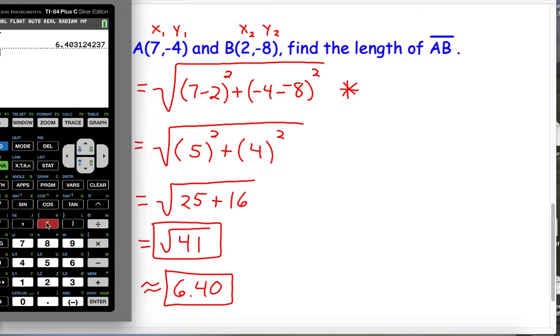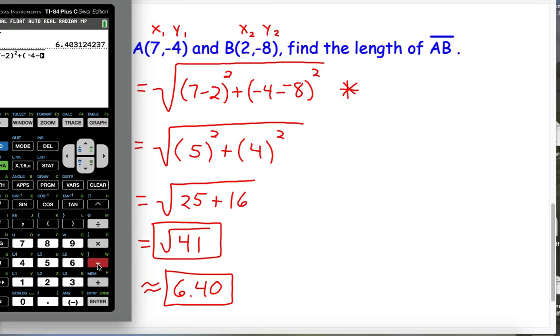So anyhow, I have a parenthesis, and I'm going to type in 7 minus 2, close that parenthesis, and hit the x squared button, plus, now another open parenthesis, negative 4, there's a different button usually for the negative. It's a smaller negative. Mine's down at the bottom.